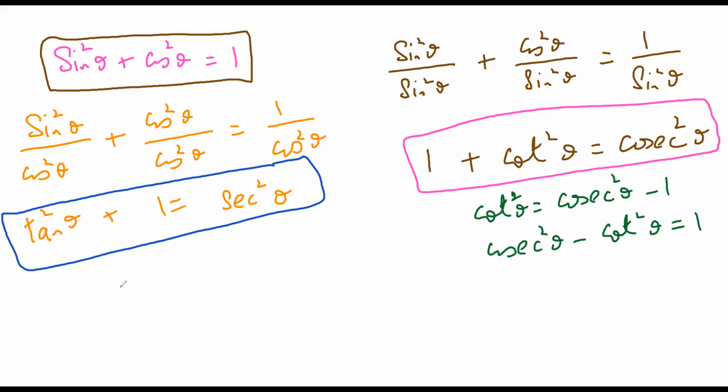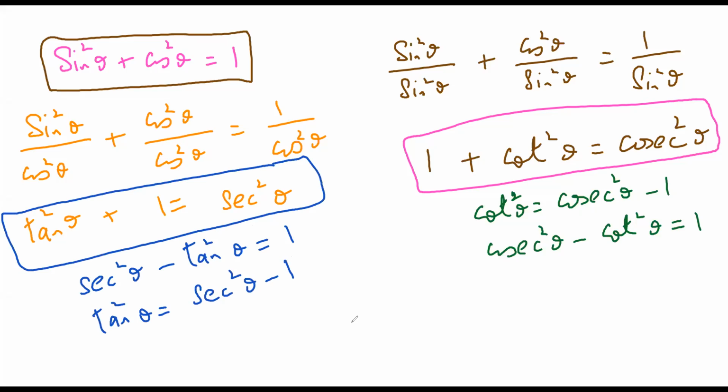And from here you can get two more: secant square theta minus tan square theta is equal to 1, or tan square theta is secant square theta minus 1.